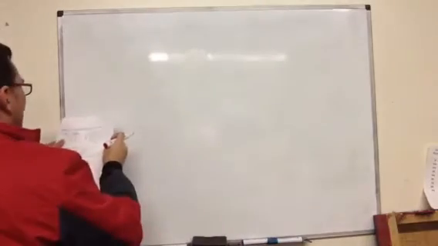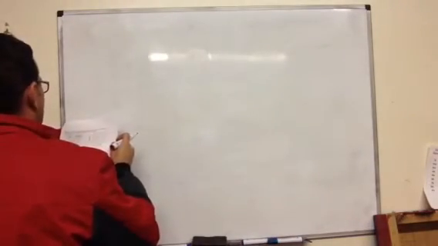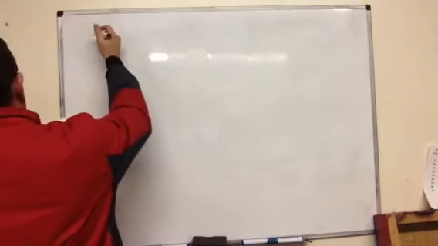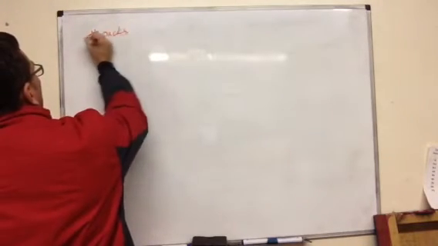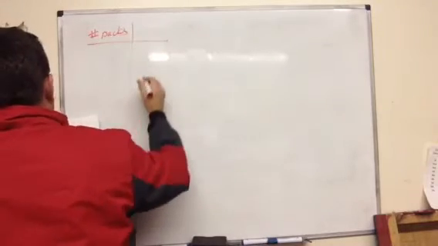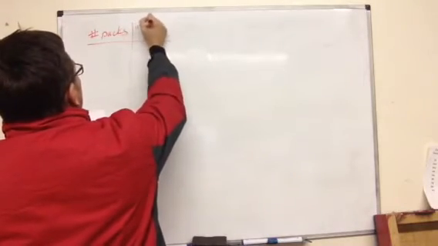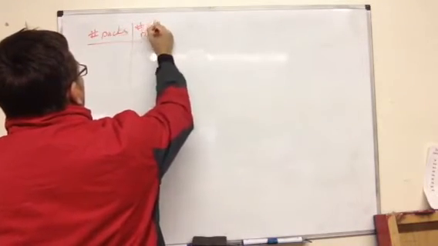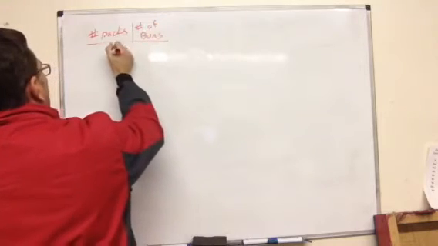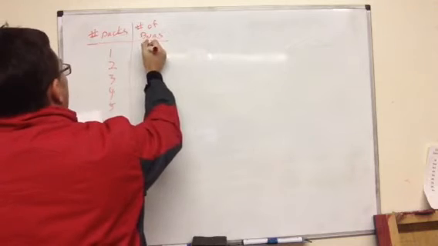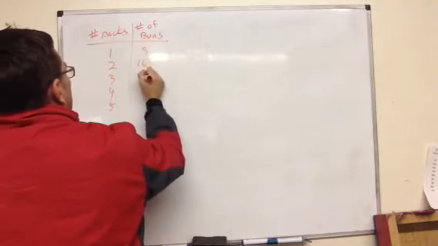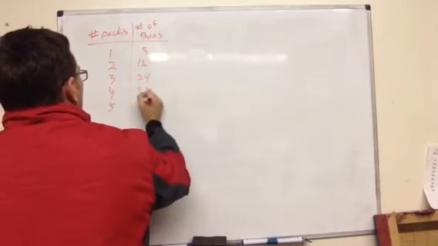So in this one we're talking about hamburger buns and how many packs of buns there are. It says number of packs in our chart and the number of hamburger buns. So here we have, starting off, 1, 2, 3, 4, 5. The number of buns, 8, 16, 24, 32, 40.